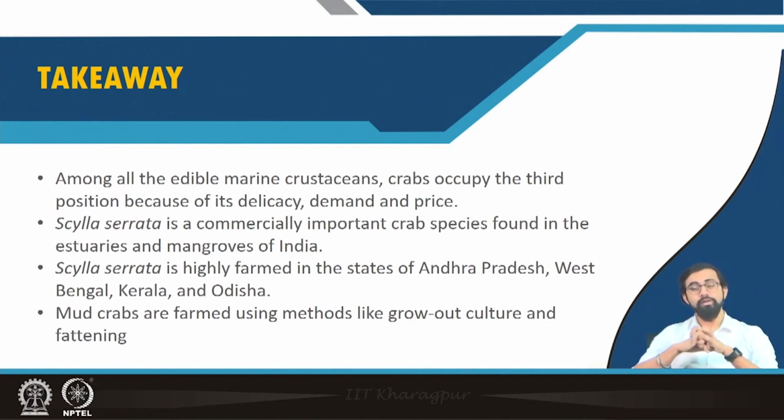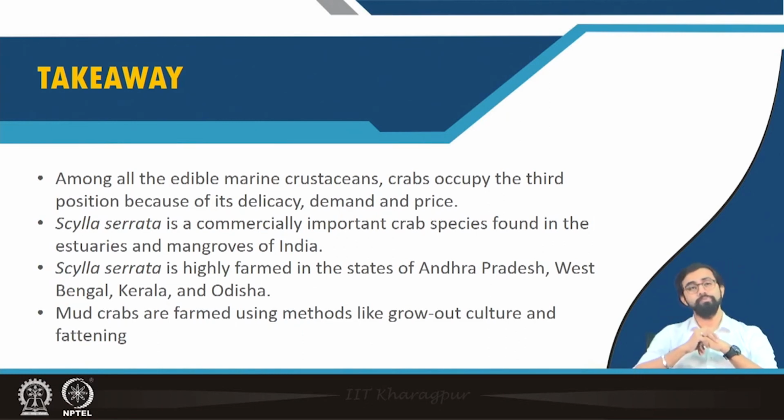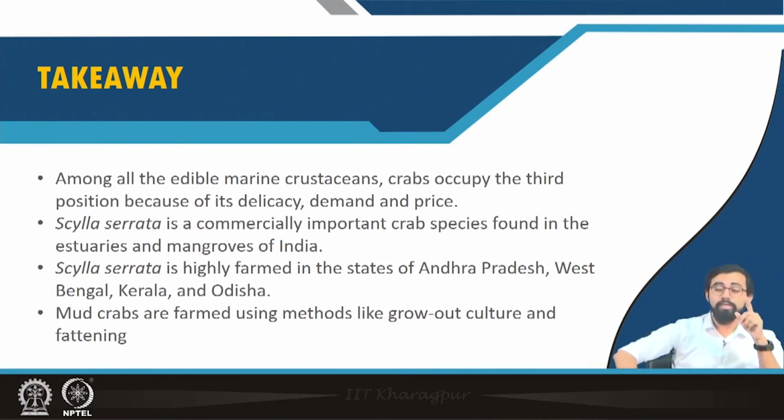Scylla serrata is a very famous crab species found in the Indian estuaries and coastal regions, and it is mostly farmed in the states of Andhra Pradesh, West Bengal, Kerala and Odisha. However, there is a huge opportunity for it to grow further.